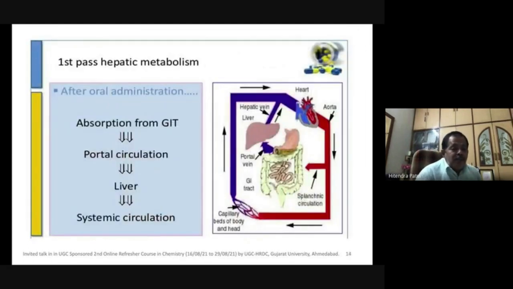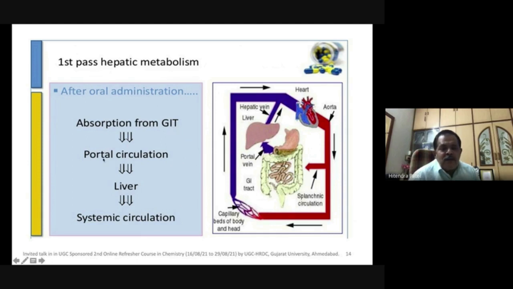Now, after drug absorption, first pass hepatic metabolism takes place. After taking an oral drug administration, absorption from the gastrointestinal tract happens, as shown in the diagram with the labels.